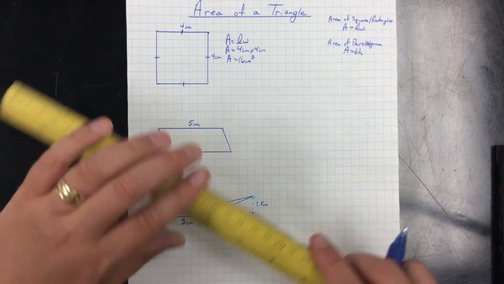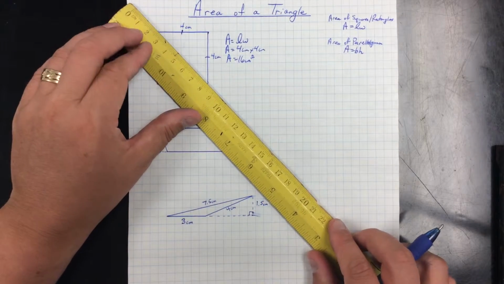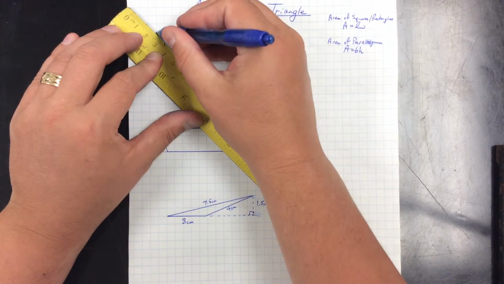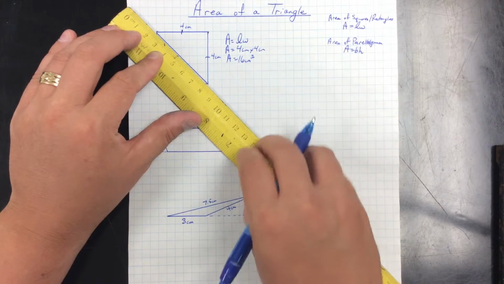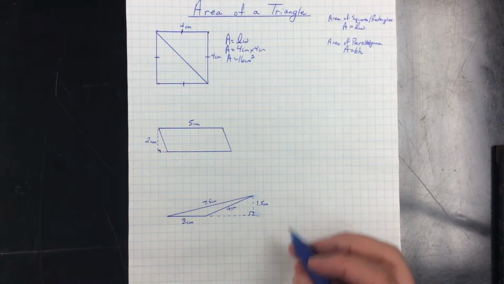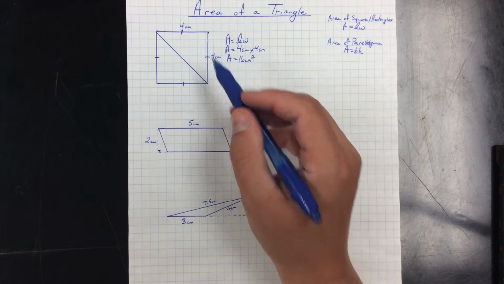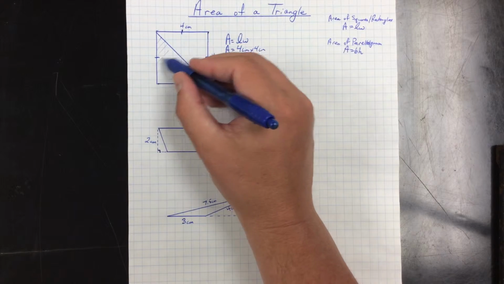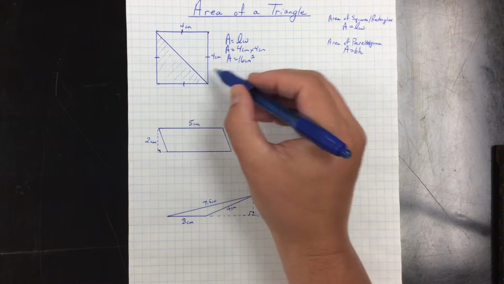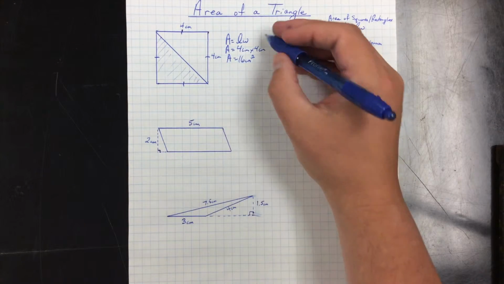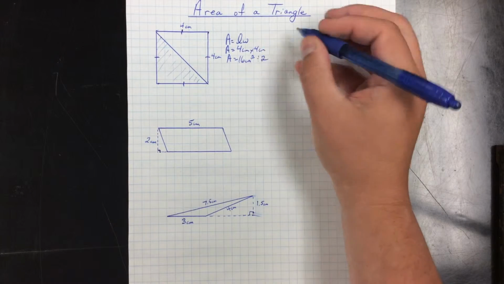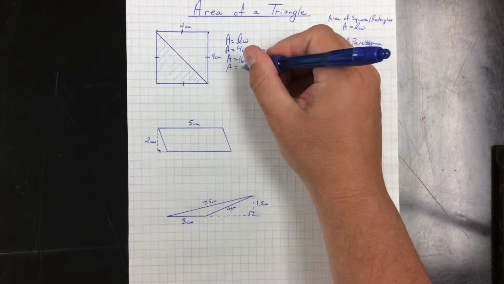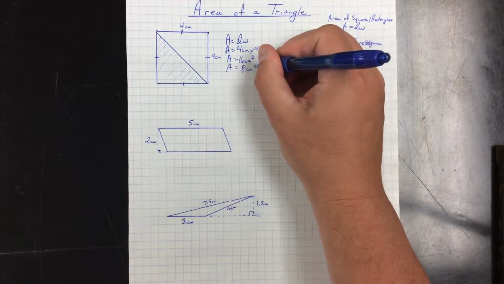If we take any two opposite corners, we join them up with a straight line, we're going to see that we get two triangles that take up half the original square. So if we want to find out the area of just this triangle, we would take the original amount and divide it in half and find out that the area of just the triangle is going to be 8 centimeters squared.